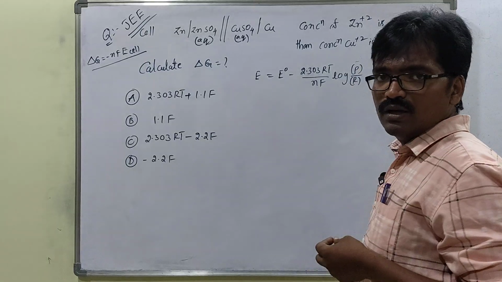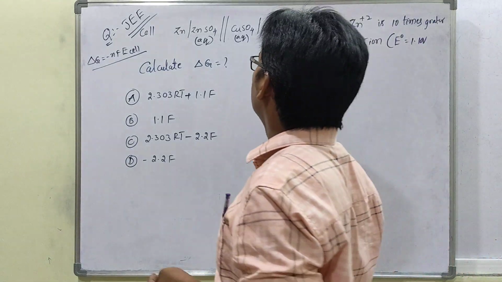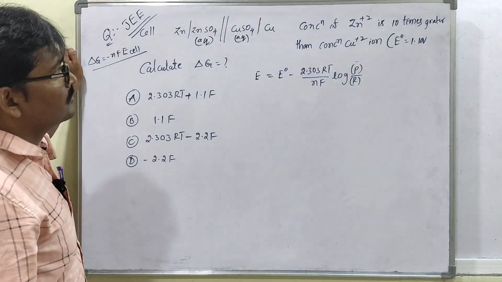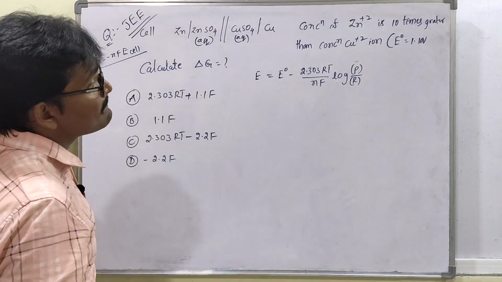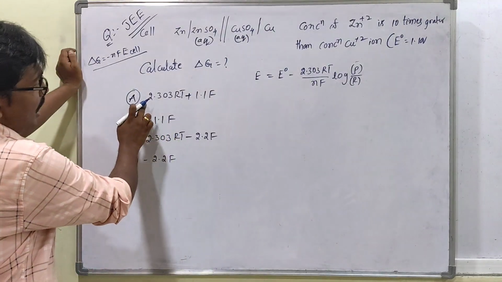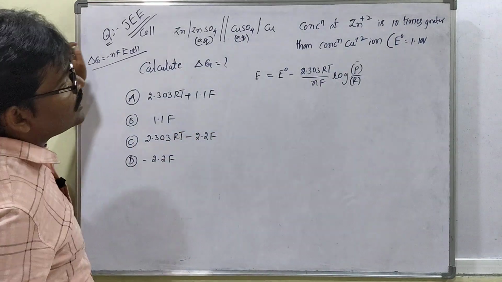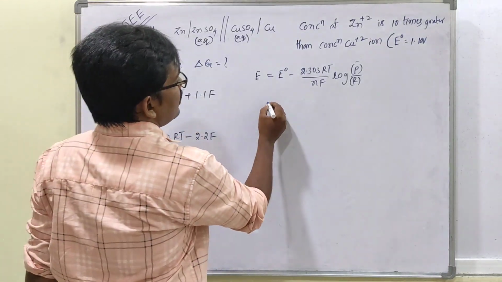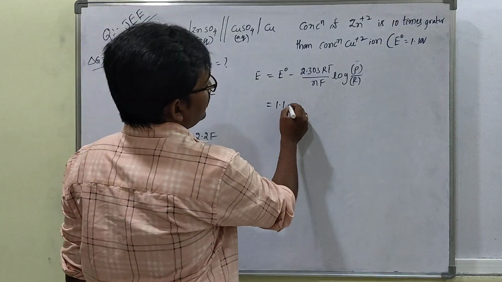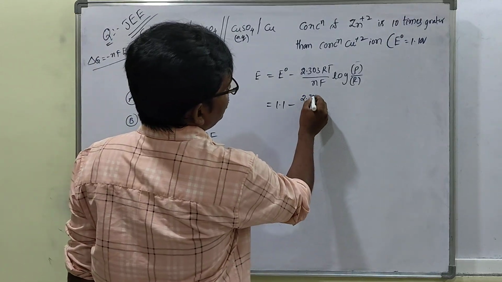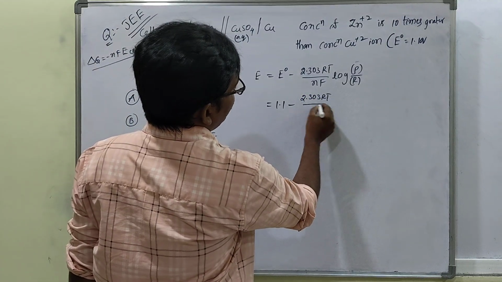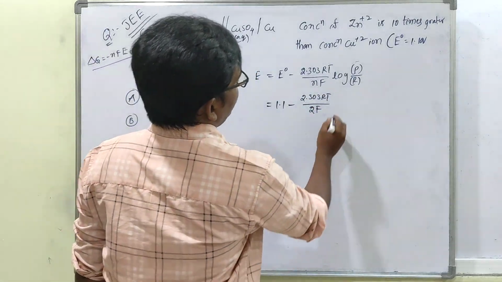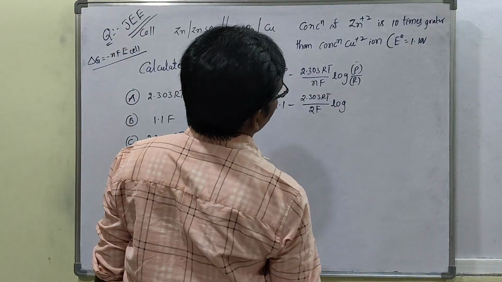Why did I ask to take that? Because the options have 2.303, so we have to use 2.303 as usual, right? So E naught cell value 1.1 minus 2.303 RT divided by number of electrons transferred, which is 2, so 2F, then log product concentration and reactant concentration.